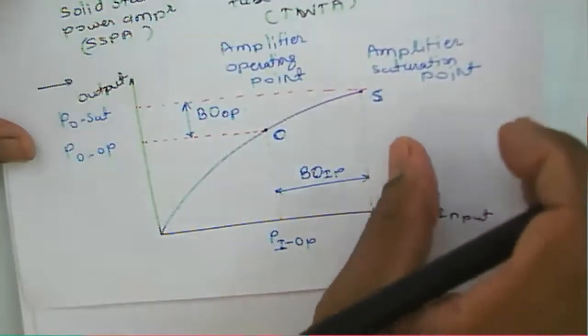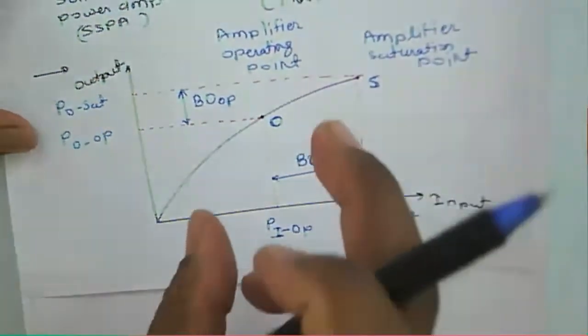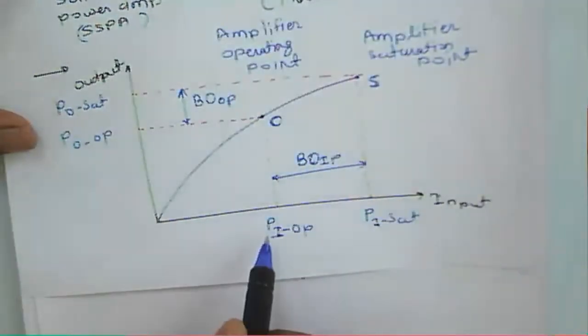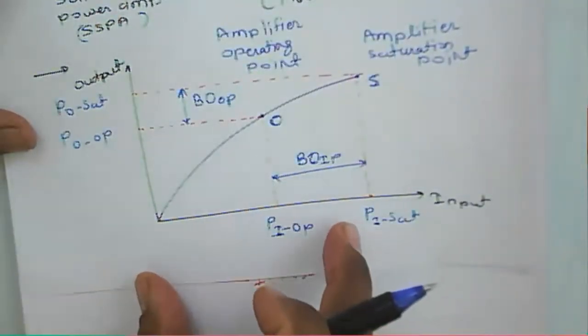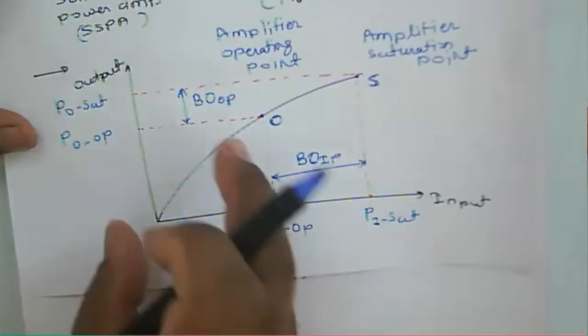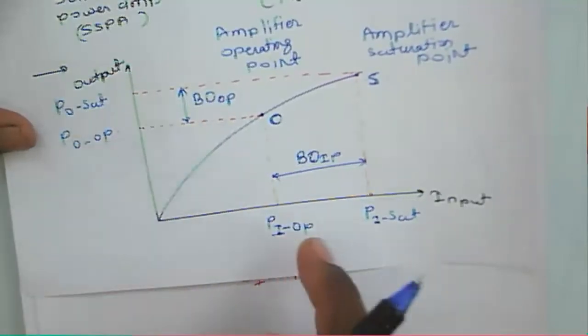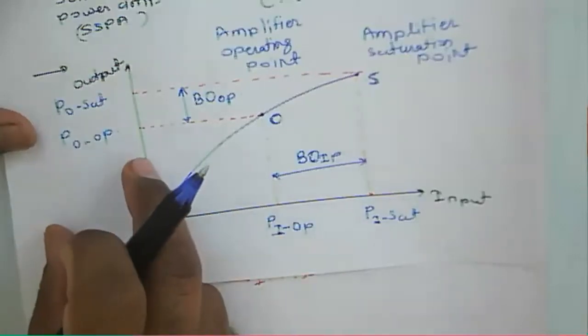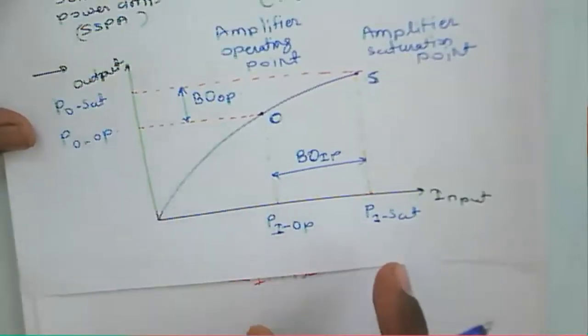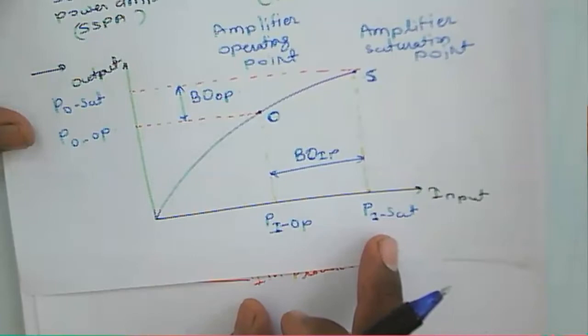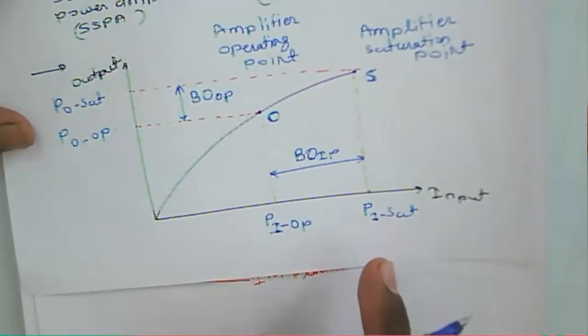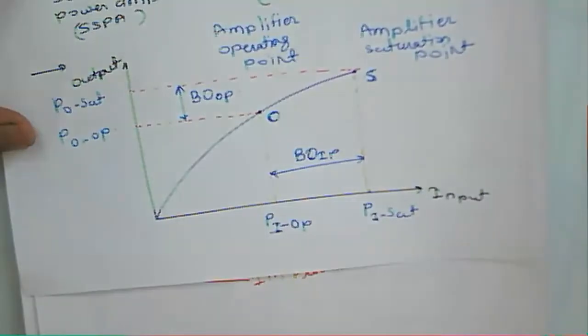just like this graph is saying about the input and output power. If it is to operate in a linear region, the input power is to be in the linear region, so that we get the output power in linear mode. If input power increases, then that will saturate the amplifier.